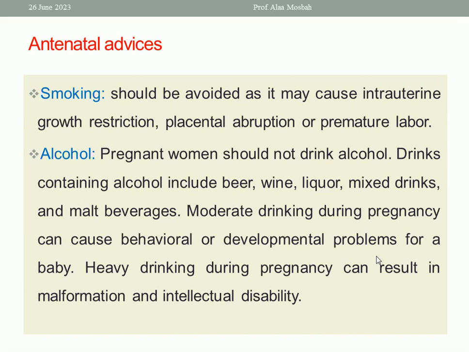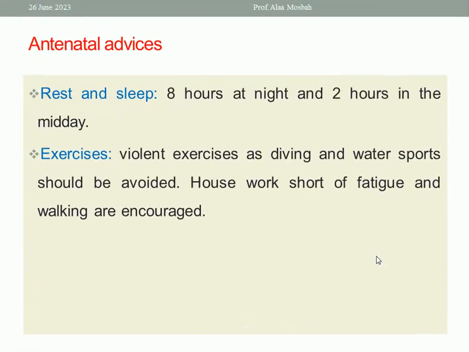Moderate drinking during pregnancy can cause behavioral or developmental problems for a baby. Heavy drinking can result in malformation and intellectual disability, described as alcohol facial deformity and so on. So we should stop alcohol drinking and smoking during pregnancy.